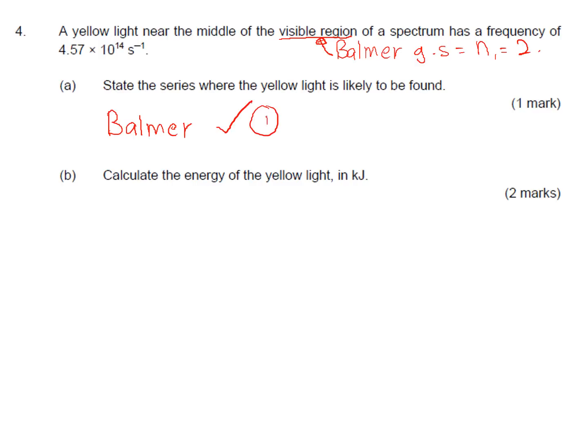So B, calculate the energy of the yellow light in kilojoule. Right now we have frequency given in the equation. So we need to find delta E. We can use this formula with the Planck constant.